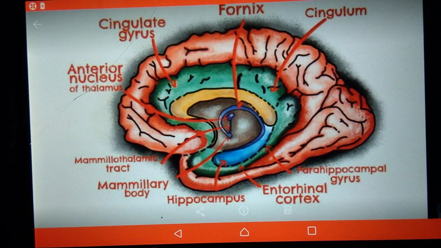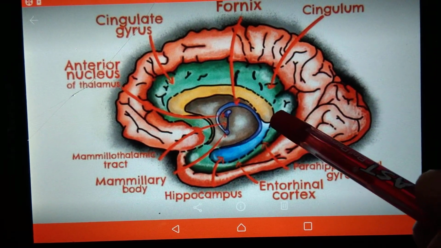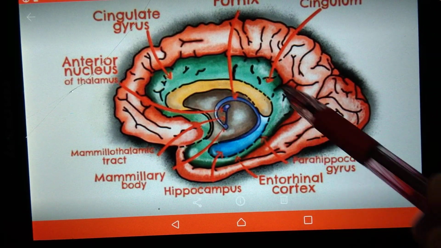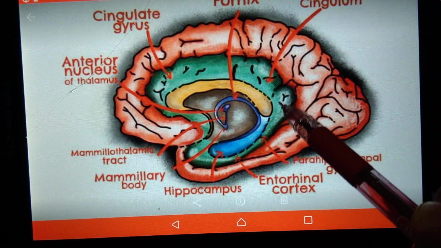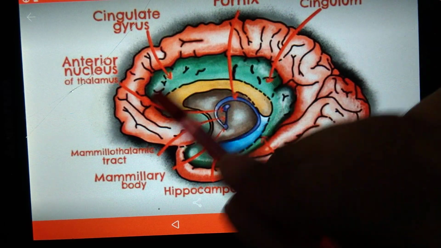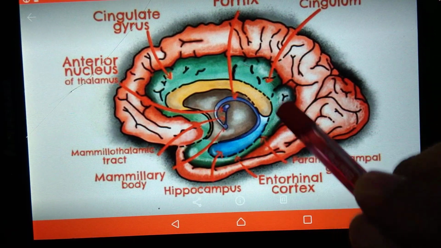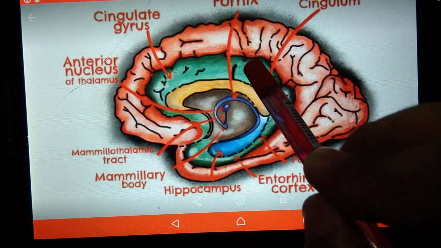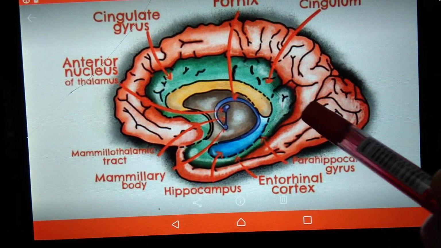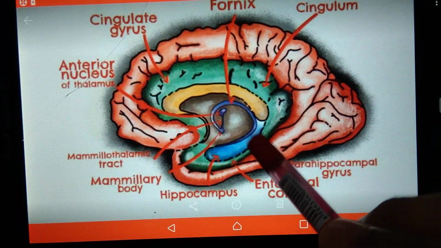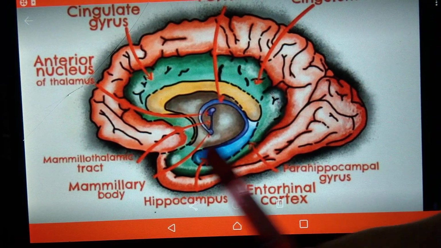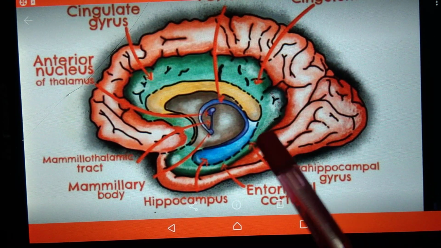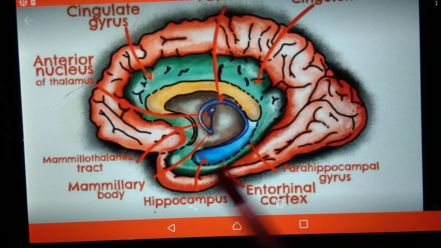So the two cerebral hemispheres are connected to each other through the corpus callosum, and above this corpus callosum, this green colored area is called cingulate gyrus. Okay, so this yellow colored area is the corpus callosum, and above the corpus callosum is the cingulate gyrus. And what is this blue colored structure? This is nothing but our hippocampus or parahippocampal gyrus, where the hippocampus is located.